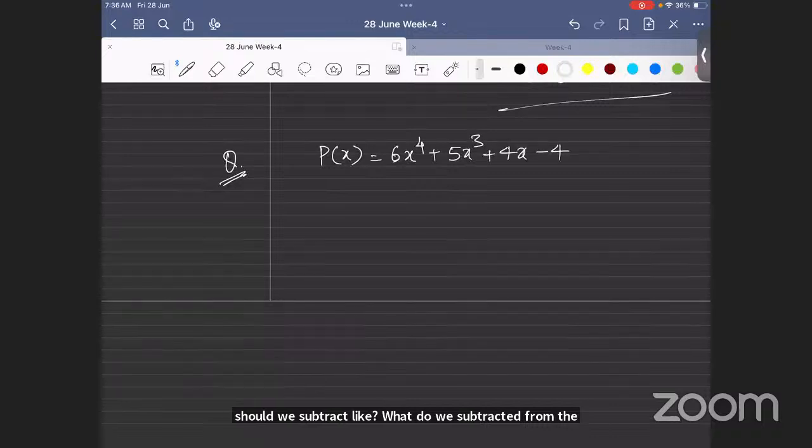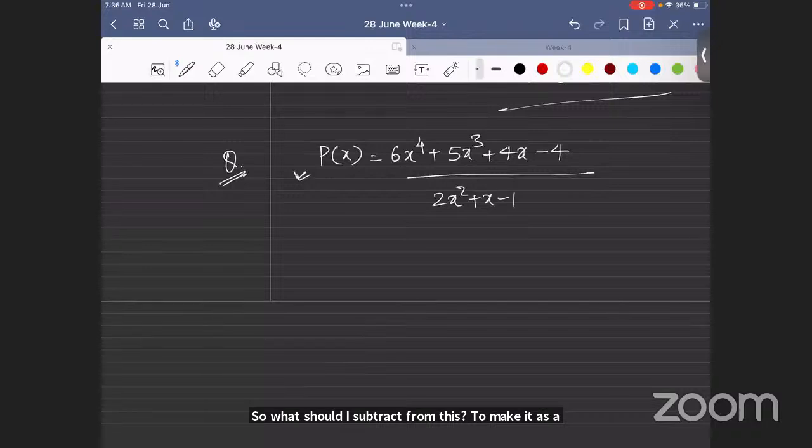What should I subtract from this polynomial to make it divisible by 2x square plus x minus 1? Can somebody tell me what I should subtract? Like in the form of divisor, dividend, quotient, remainder. Remainder. Correct, remainder.